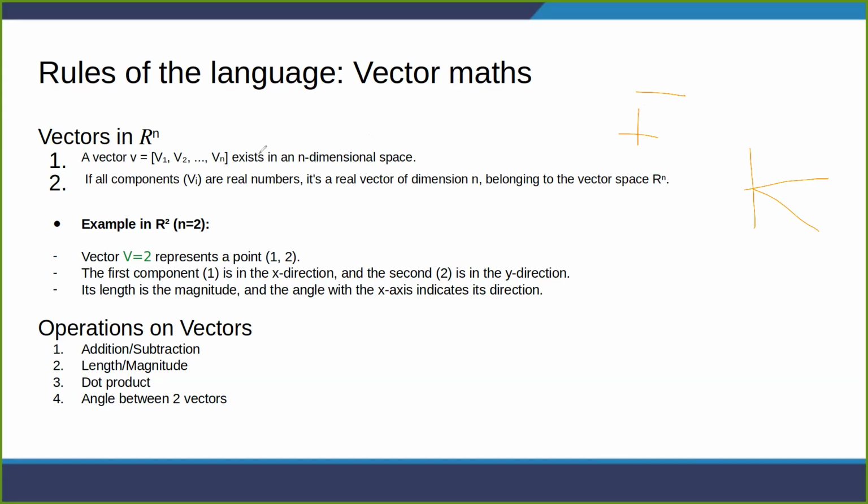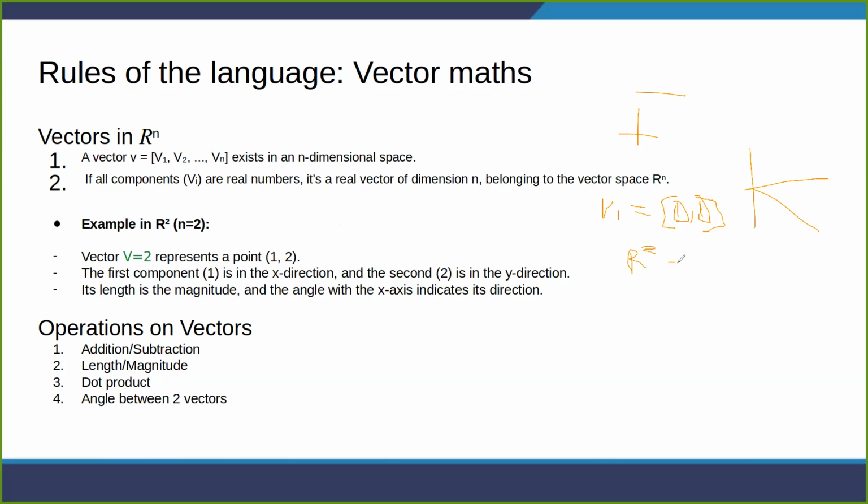If all the components of this vector are real numbers, then we say it's a real vector of n dimension. N could be anything, one, two, three. This is two dimension.